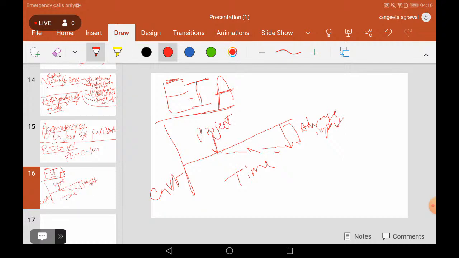However, if we do not initiate any project, this is the impact without project. This is a straight line. This straight line is without project, and this dotted line is with project.